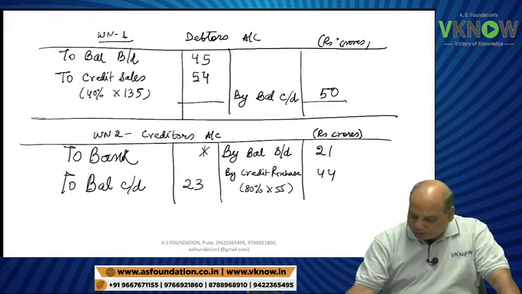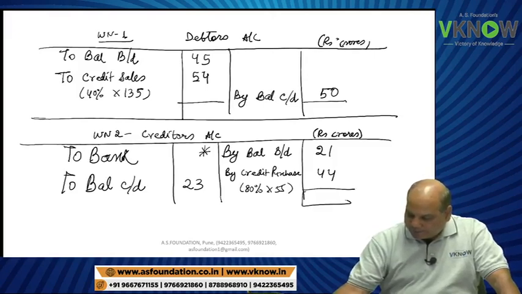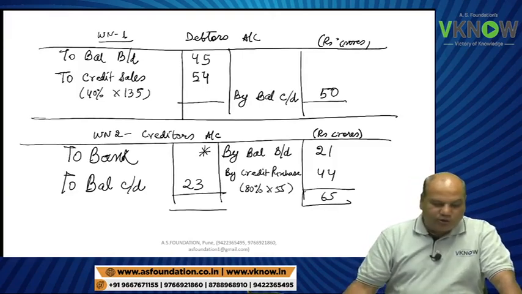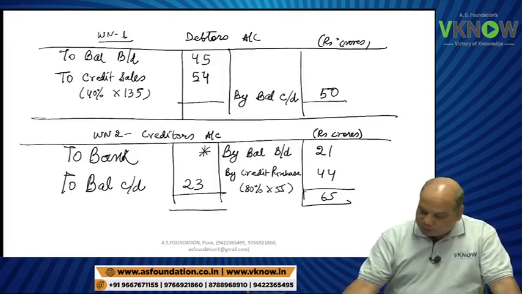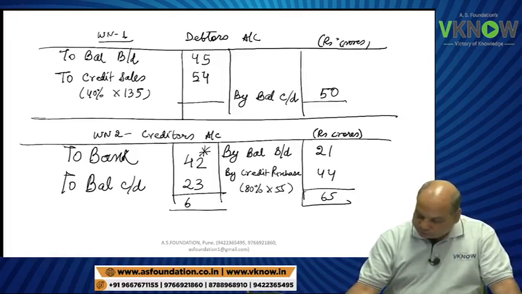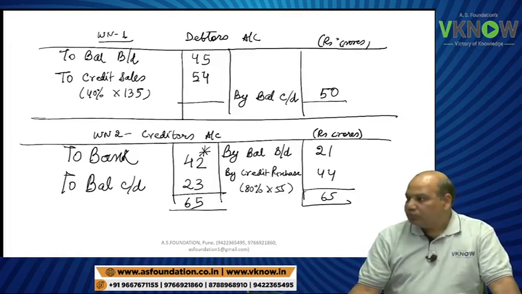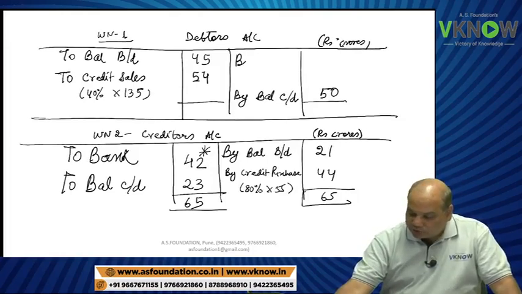To bank. Payment made. How much is the payment made to supplier? 42 crore. And how much is the collection from debtor?